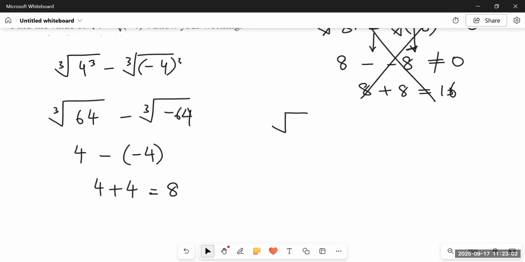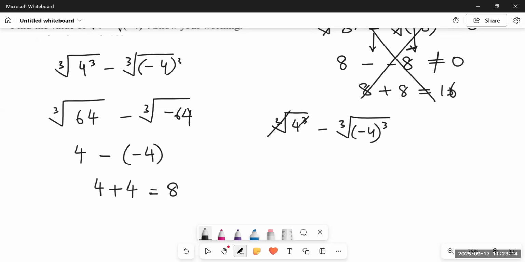So we can solve it like this also. 4 cube, cutting the cube roots, and again, here we have minus 4 enclosed, and here we have a cube. So cutting these cubes, what are we left with? 4 minus minus 4. It will give us the same answer, that is 4 plus 4 equals 8.